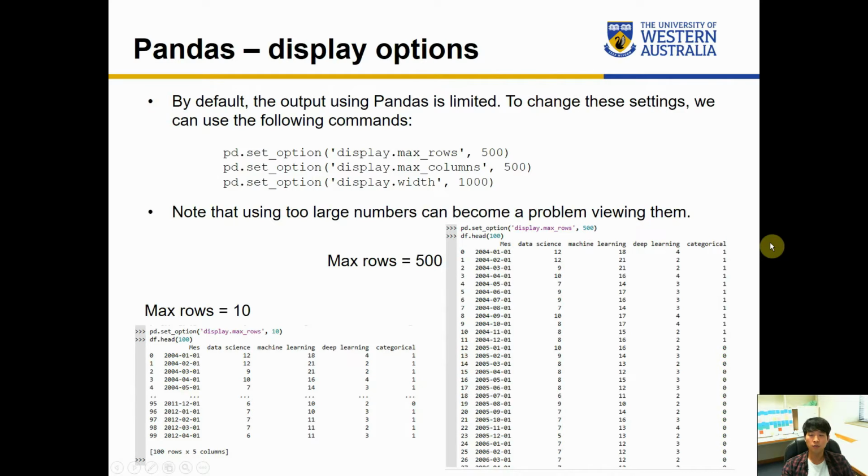Okay, so we had a look at quick display, and by default, the number of rows is roughly about 10. So 5 first and 5 at the end, but we can always change this. So these set options of display max rows and max columns will allow us to control how much it's going to show us when we look at using those df or df heads.